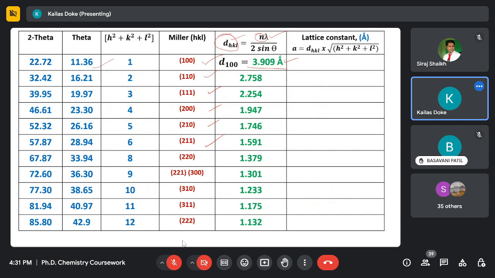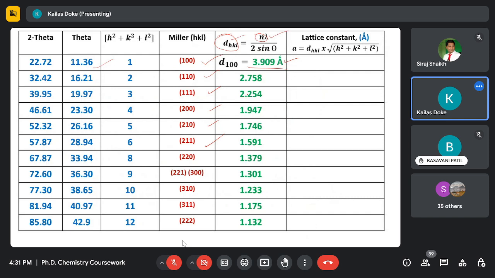Similarly, for 111 plane, 200 plane, you can see interestingly the distance between 200 planes is 1.947 Armstrong unit, which is almost half of 3.909 Armstrong unit. Why?